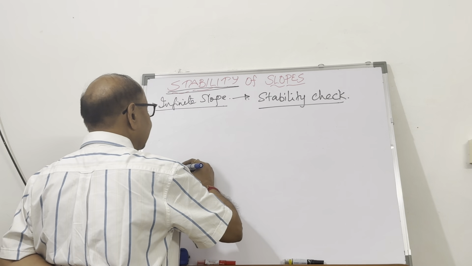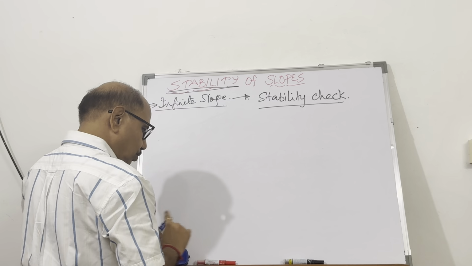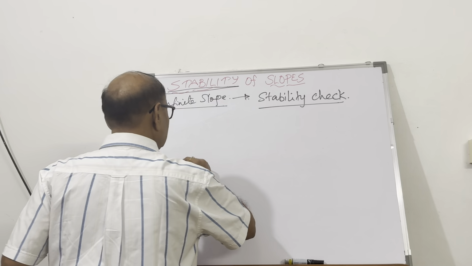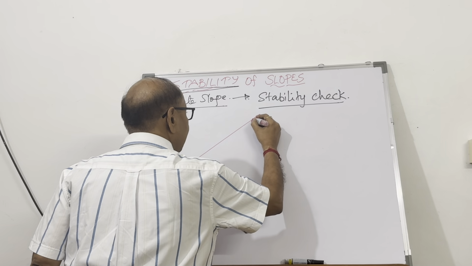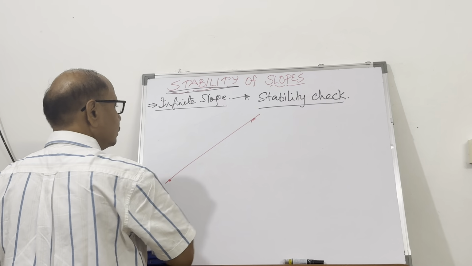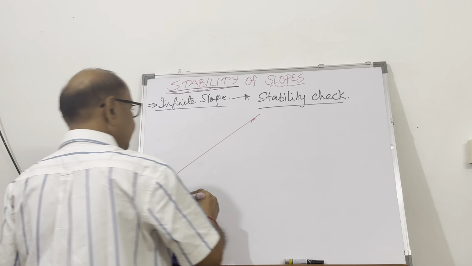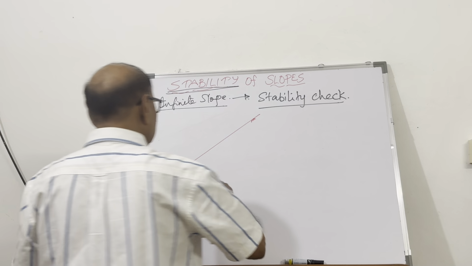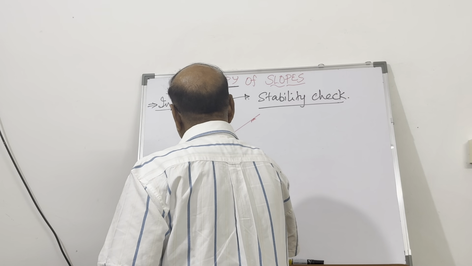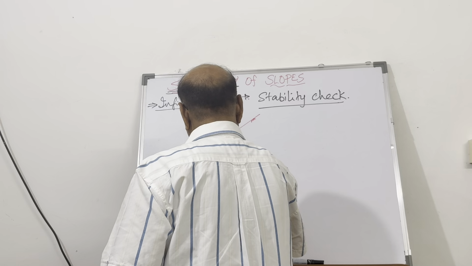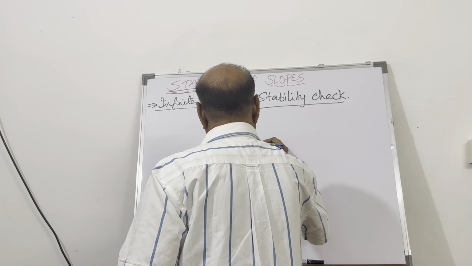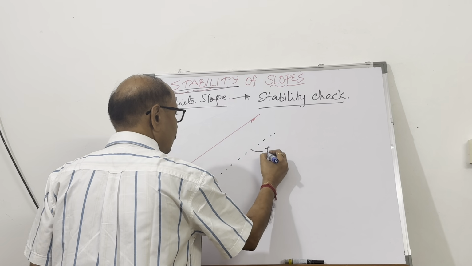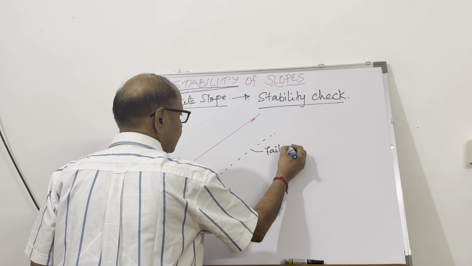Let's say I take an infinite slope which looks like this. This is the infinite slope. And the failure surface is parallel to the outer surface. So this is the failure plane or failure surface.